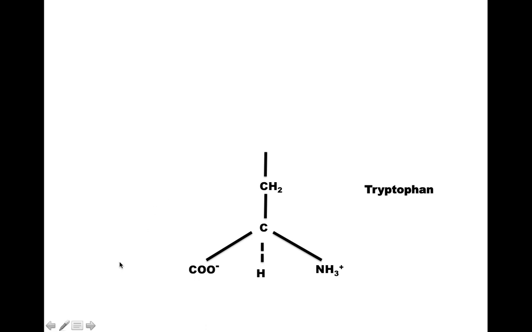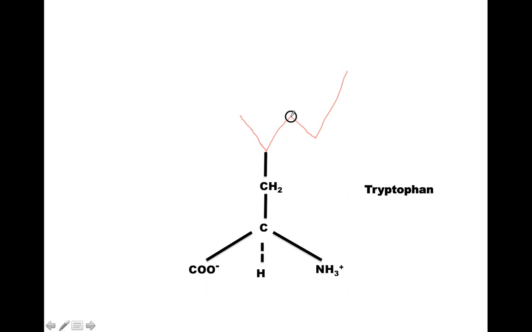This is a very interesting structure, tryptophan. Tryptophan is an amino acid which is represented by a W. You know that all of these amino acids are also represented by a single letter.